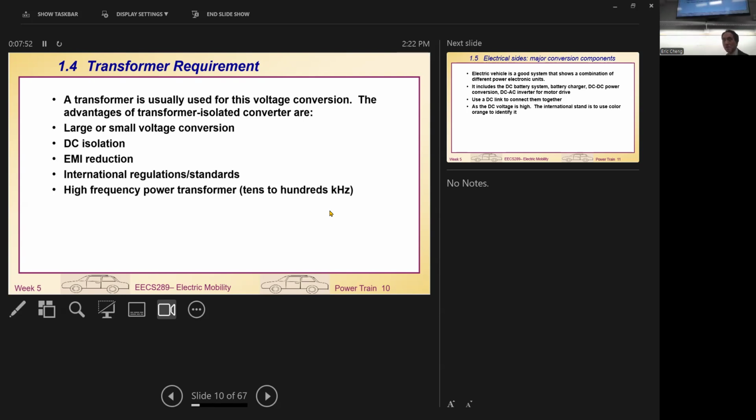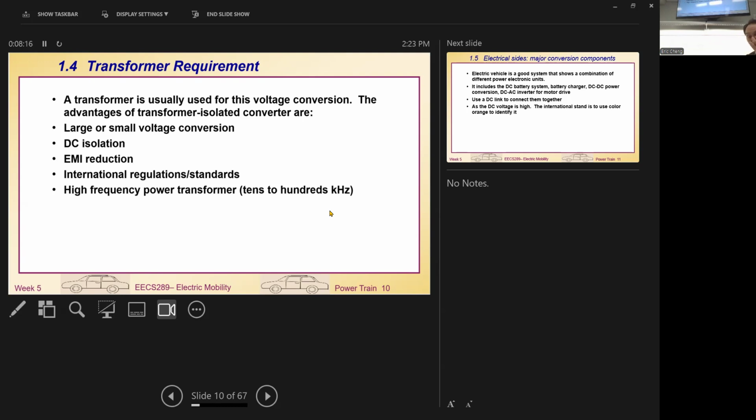Because PG&E, your power company, does not like harmonics in here. They hate it. So they need you to put in a transformer so that any EMI here will not contact directly with my power system. The power system from PG&E is really dedicated, so they require you to put that in.